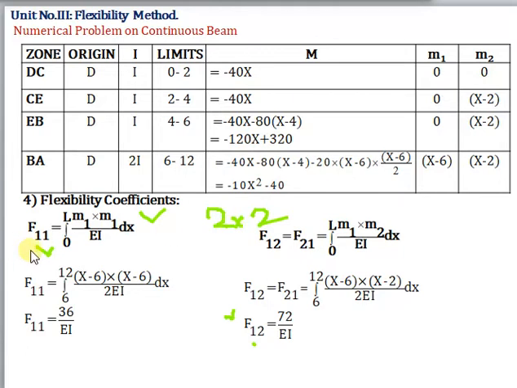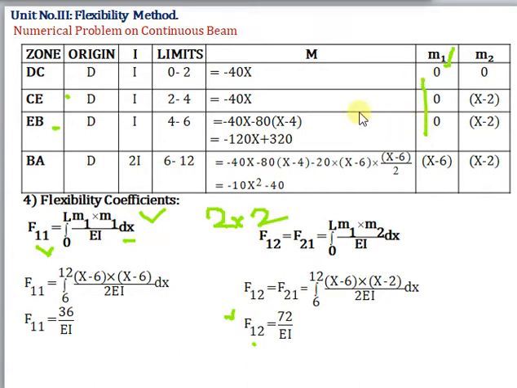Now that is nothing but the displacement in the released structure subjected to unit value of a redundant, corresponding to the redundant action. So first is f11. So integrating from 0 to L, m1 into m1 divided by EI into dx. Now here is a small m1. Now for three zones, that means zone DC, CE and CB, the m1 values are 0.